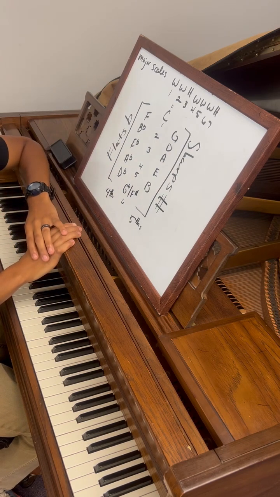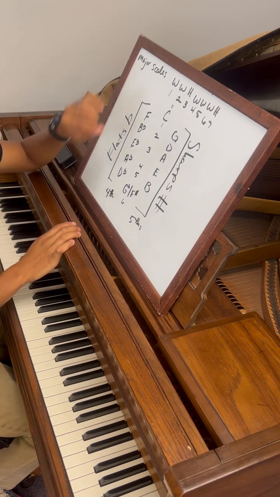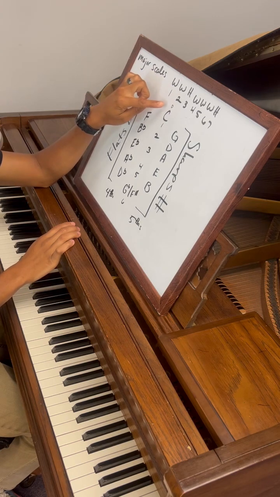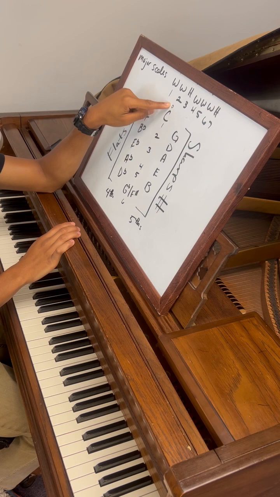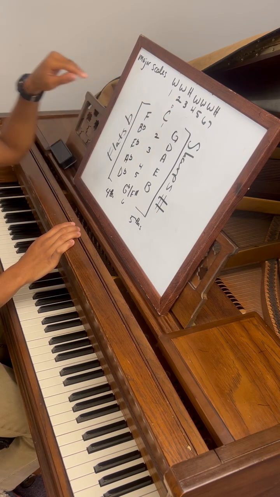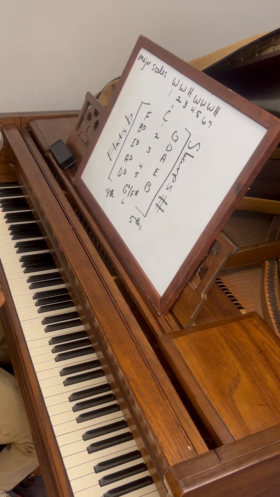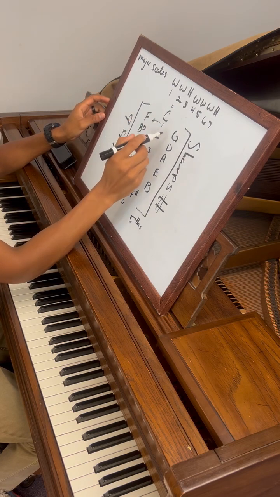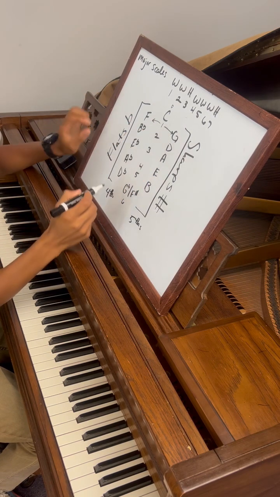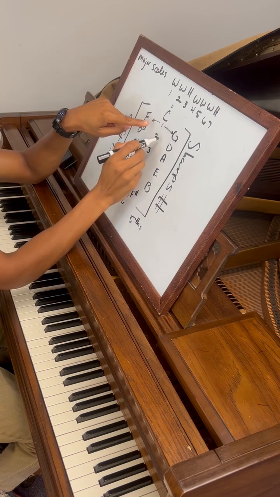So if I was to say, hey, I'm in the key of C, currently I understand that the key of C has no sharps or flats in it. If I was to come down to the key of F, I know there's one of something, right?